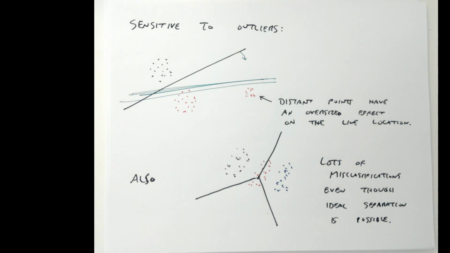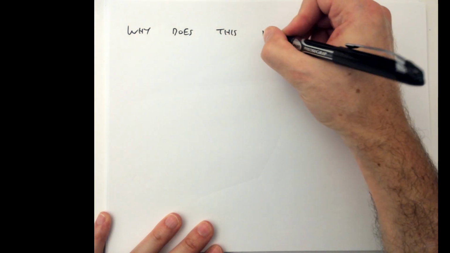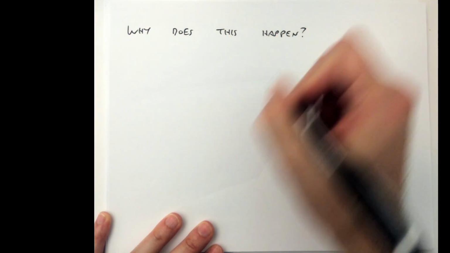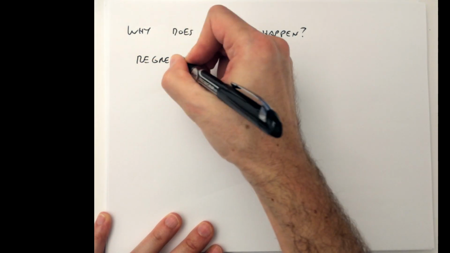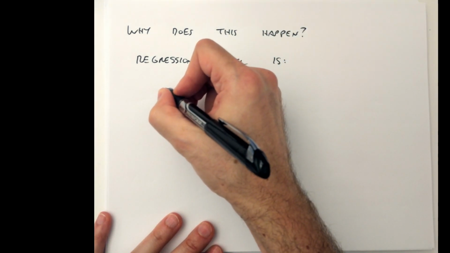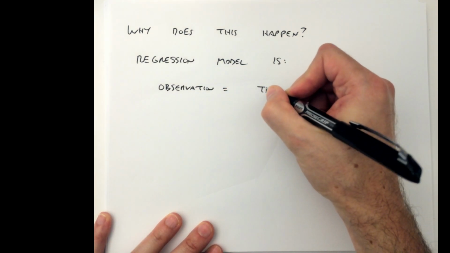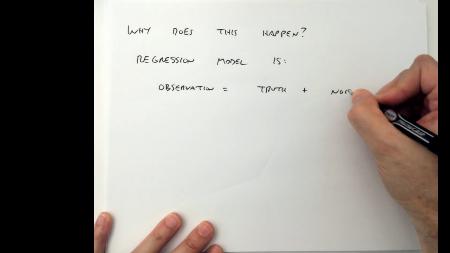And why do we get this weird bad behavior? Well, the problem is that, remember what our model was for the way that the observations were related. Remember that the regression model is that the observation equals truth plus noise, right?